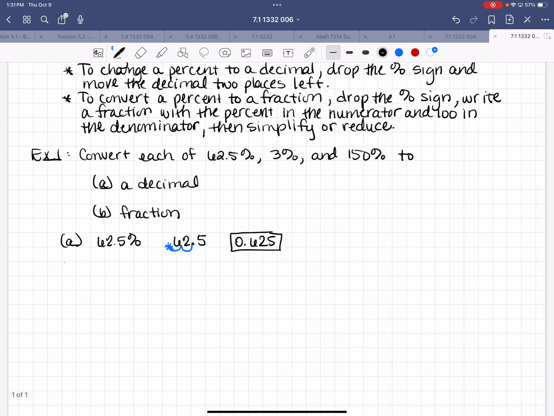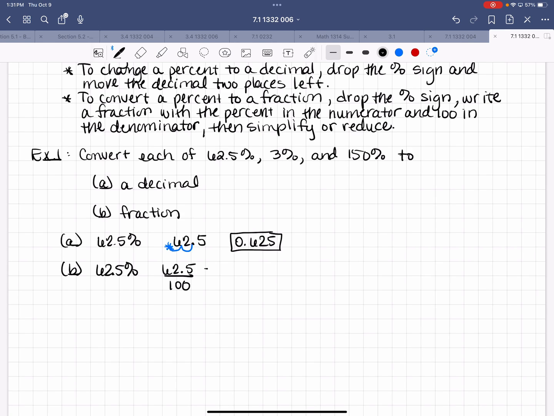B says for 62.5% that we want to turn that into a fraction. Well, I'm going to take that percent sign off again. I'm going to write 62.5, and this time I'm going to put it over 100. Now, you can't have a decimal inside a fraction. That's improper, guys. It's not proper notation. So we really need to get rid of that decimal.